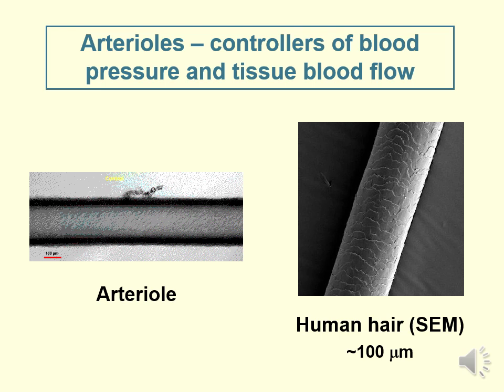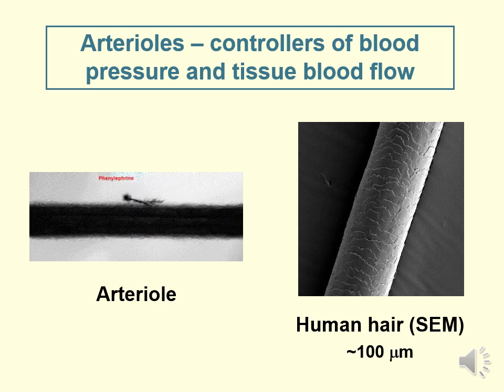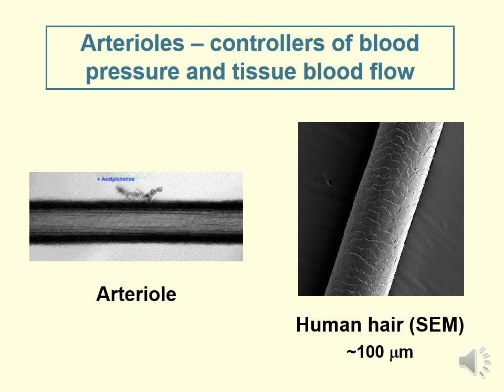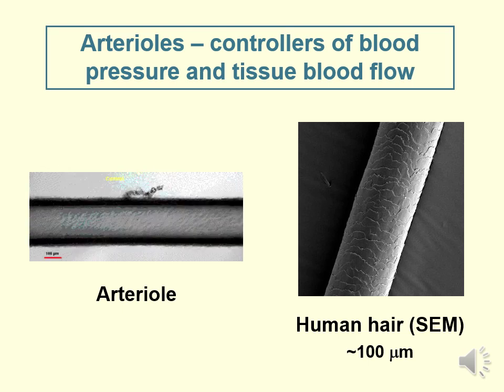Typically, arterioles are blood vessels that have a diameter of about 100 micrometers, about the diameter of a human hair. There's a small animation on this slide which shows you a drug being applied to the arteriole, and you can see the radius or the diameter of the arteriole becoming reduced as this vasoconstrictive substance acts on the blood vessel, and then a vasodilatory substance is applied to the blood vessel to make it dilate.